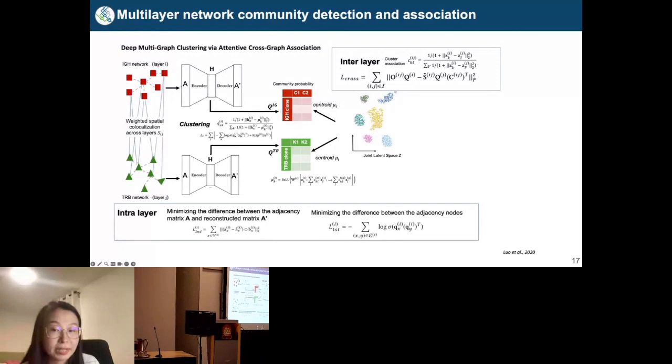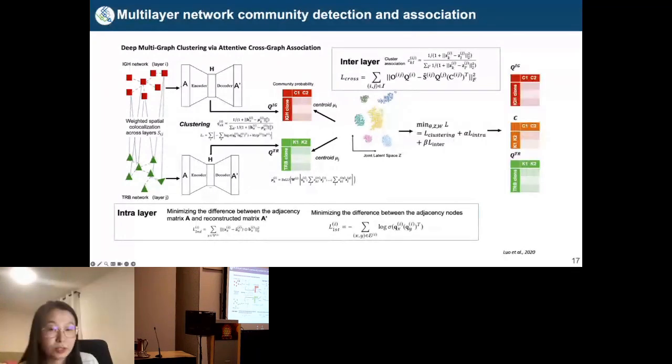So the updated mu is able to capture cross-graph dependencies at the cluster level. By minimizing the joint loss functions, we can get the cluster matrix Q for each graph, as well as the association matrix between graphs.